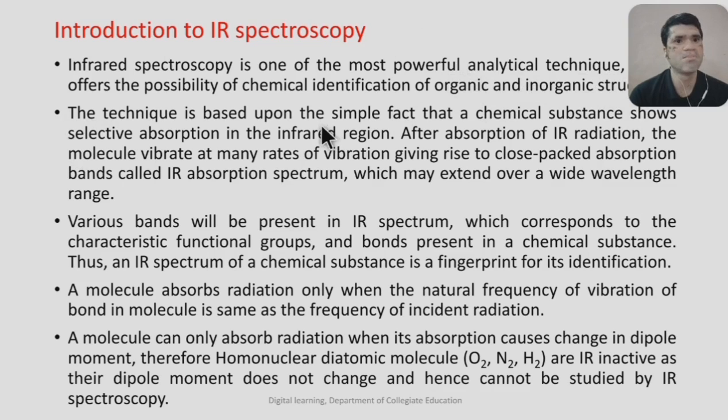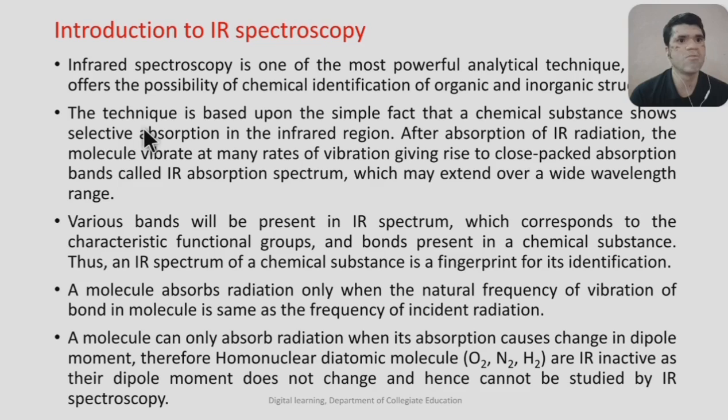The technique is based on the simple fact that a chemical substance shows selective absorption in the infrared region. After absorption of infrared radiation, the molecule vibrates at many rates of vibration, giving rise to close-packed absorption bands called the IR absorption spectrum, which may extend over a wide wavelength range.